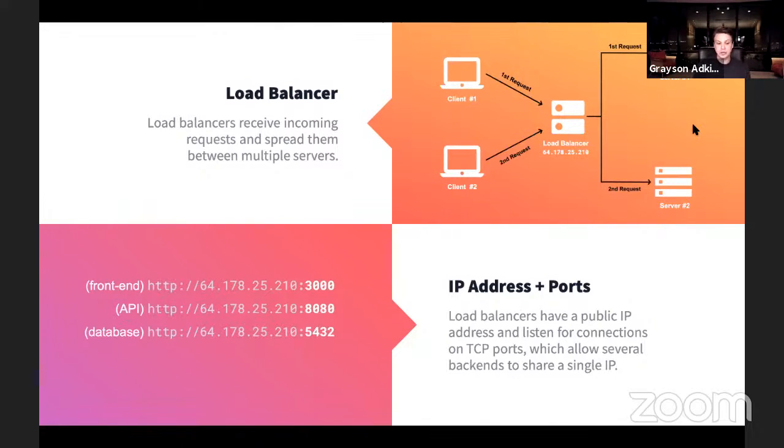So for example, you may have one IP address like 64.178.25.210, where 3 different services, a front end, an API, and a database are all sharing that IP address, except they're listening on 3 different ports. So that's a way of essentially multiplexing a single resource in the cloud.